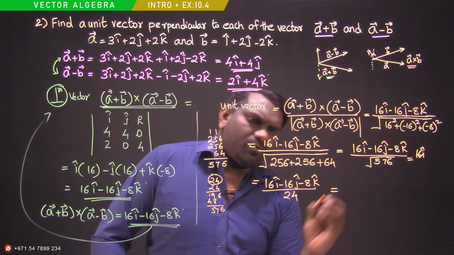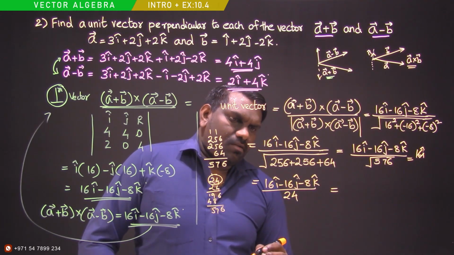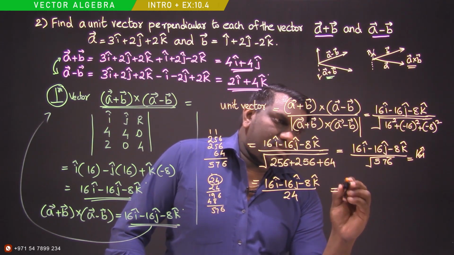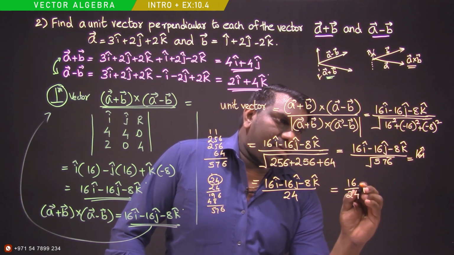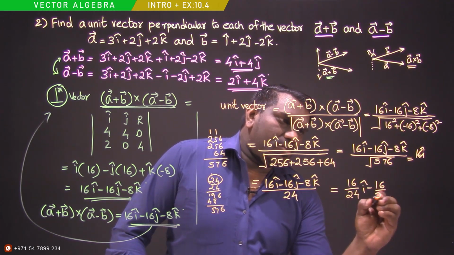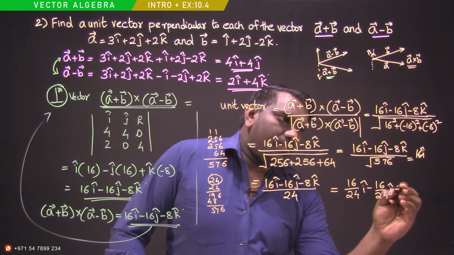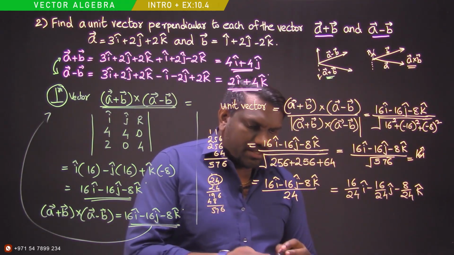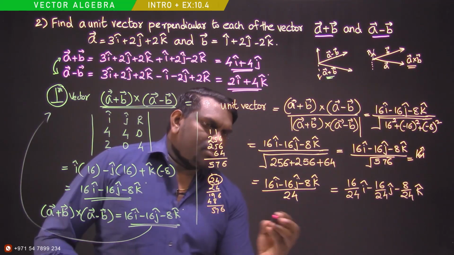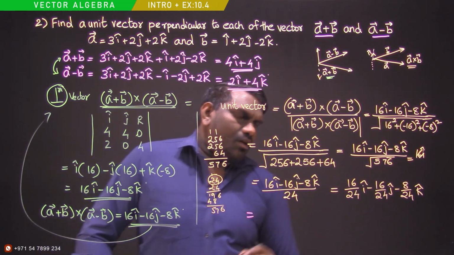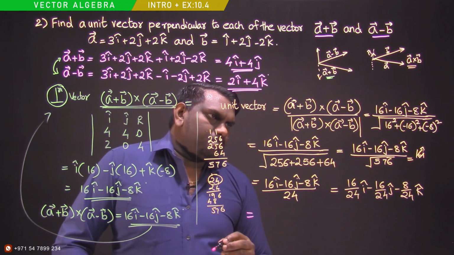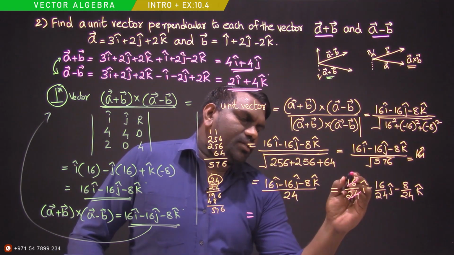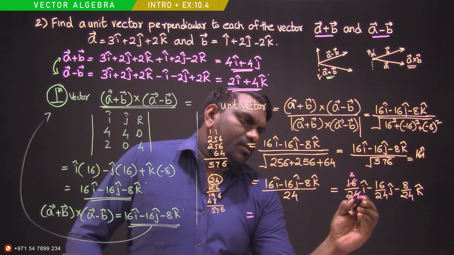I can divide it if I want. Okay, how I can divide this one? 16 by 24 i cap minus 16 by 24 j cap minus 8 by 24 k cap. അപ്പോൾ നമുക്ക് എന്തെന്ന് എഴുതാം? 16 നമ്മൾ 8ൽ പോവില്ലേ? 8ൽ പോകുമ്പോൾ ഇത് 2 times 8ൽ, this is 3 times.